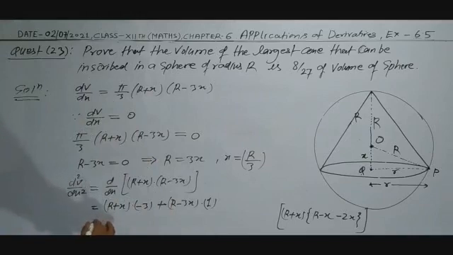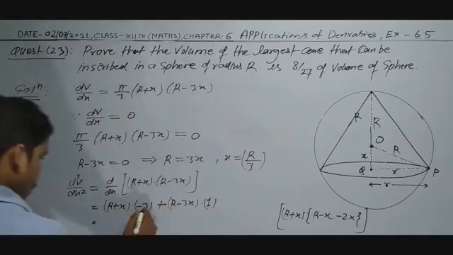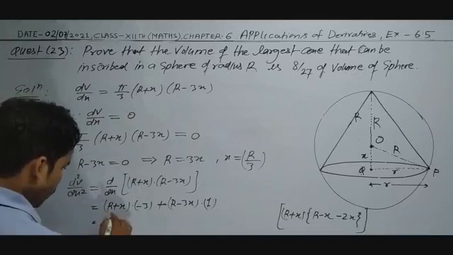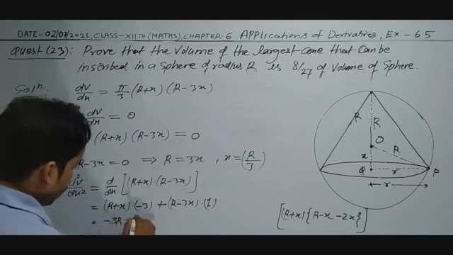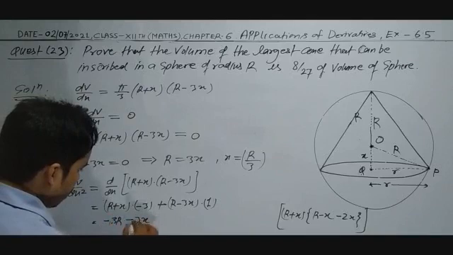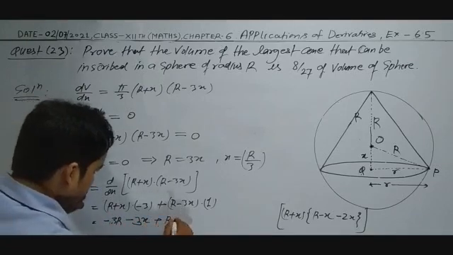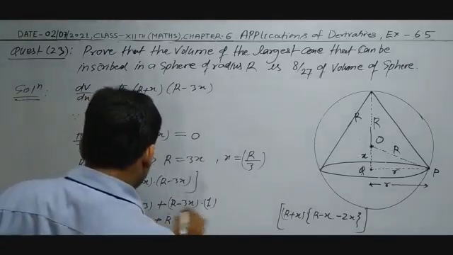So you get minus 3R minus 3x plus R minus 3x.